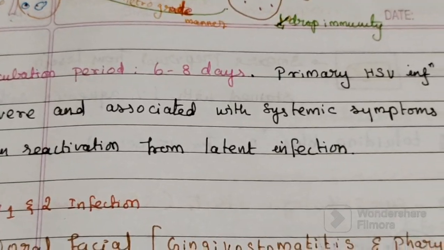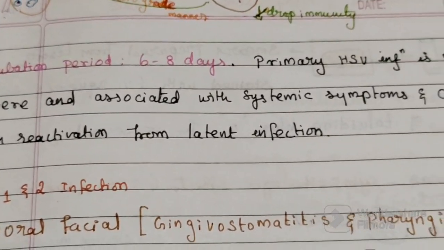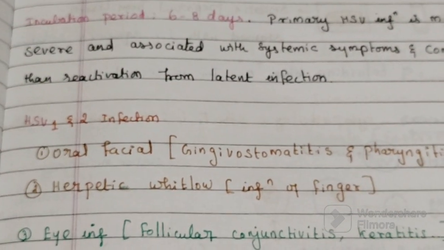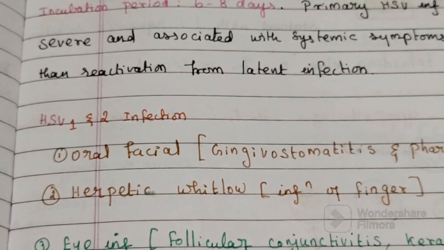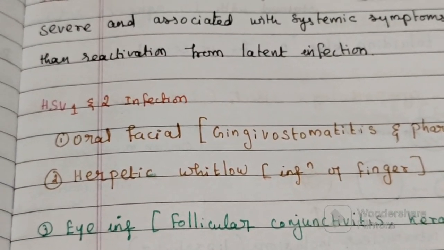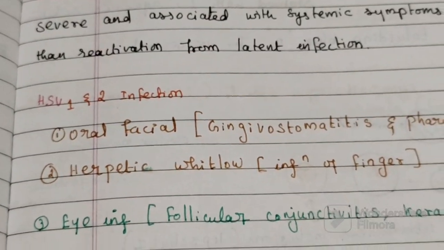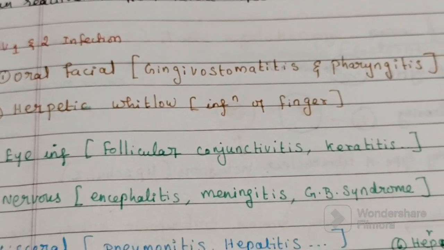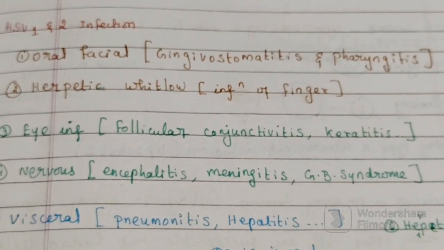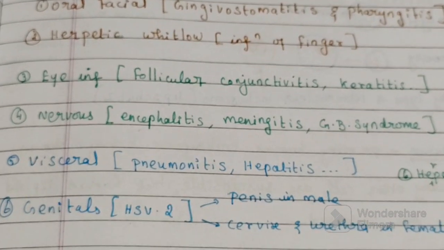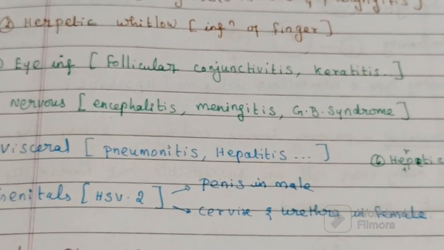The incubation period is 6 to 8 days. Then the diseases: oral and facial lesions, then lesions on the finger, known as herpetic whitlow, then eye infection, nerve infection, visceral infection, and genital infection, mainly because of HSV2.